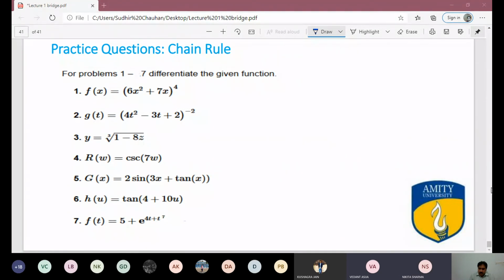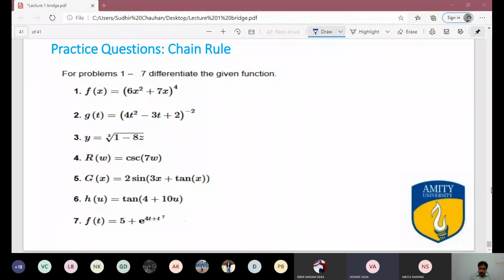Nibir Maram, are you there? Ispraha Kumawat, are you there? Ayush Sharma, Hiren Sahani, Pranav Marwaha.